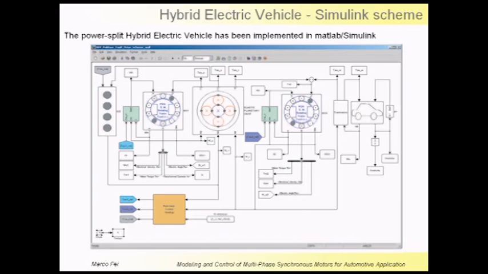You can see here the engine, the first electrical motor, the planetary gear, the second electrical motor, and the model of the vehicle. These two models have been shown in the previous slide. This green block refers to the fault-tolerant control, and this orange block is the global control of the vehicle.